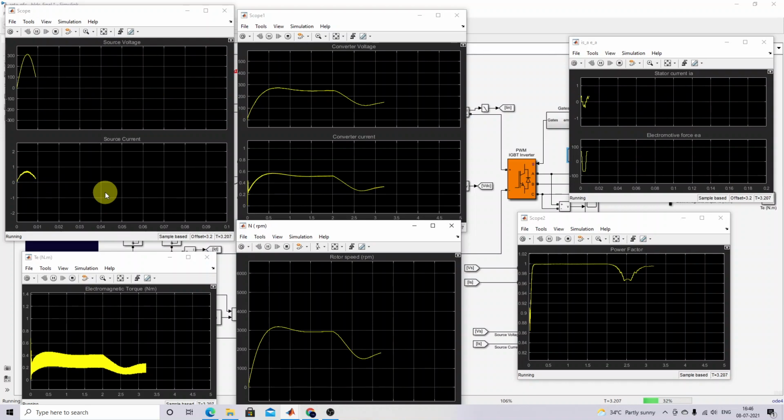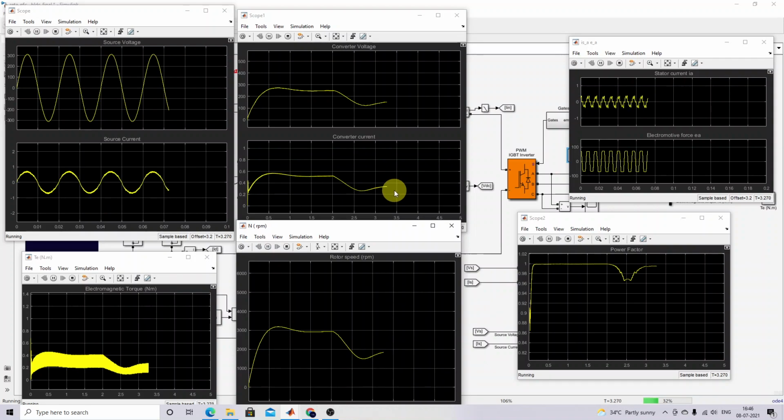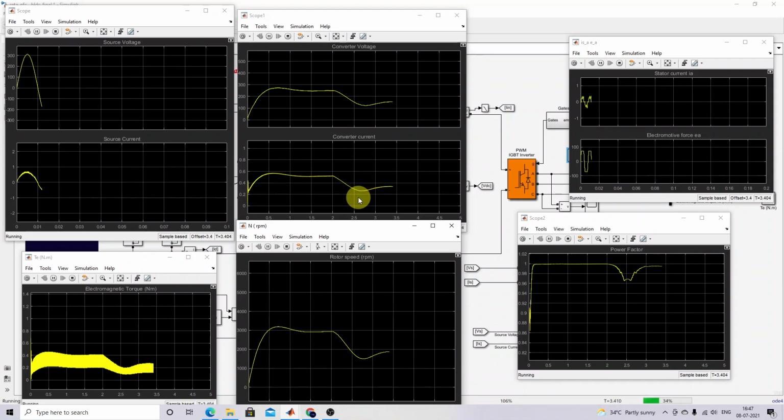Now after 3.5 seconds, we are going to change the load from 0 Newton meter to 0.5 Newton meter. We'll check the result after changing the load condition: what happened to the power factor and the source current, everything we have to check, right?